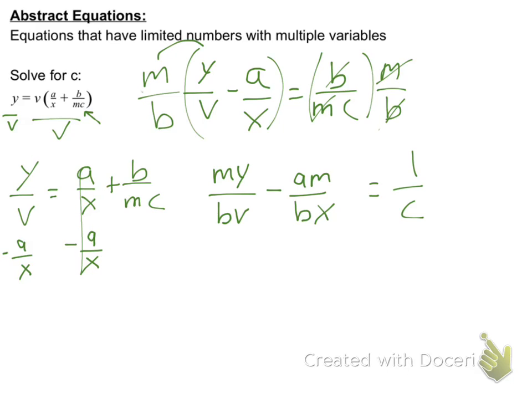Now, what can I do? I have a fraction, subtract a fraction, equaling another fraction, but the fraction at the very end is the one that has the piece I want. But it's on the bottom.